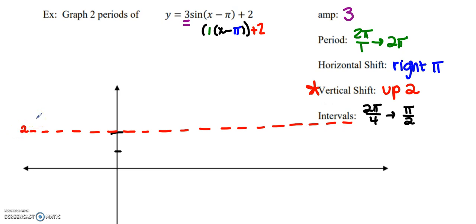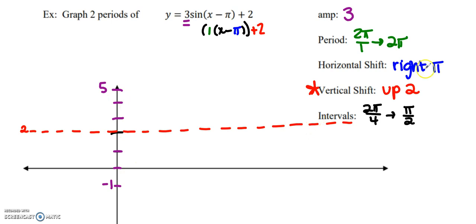Okay, I'm just labeling it just so we can make reference to it. From there, then, I'm going to count the amplitude of 3. Well, if I already was at 2, now this would be 3, 4, 5. And my lower value, my stretch going the other direction, would be down 1, 2, 3. So this is really at -1. Okay, so you see how we've shifted our whole graph up 2 units.